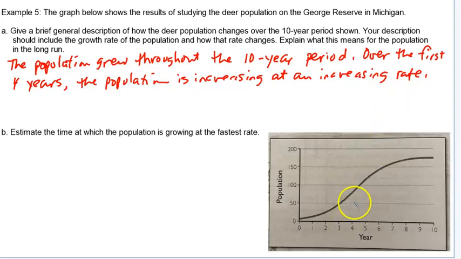After year 4, it seems like year 4 is kind of like a turning point.